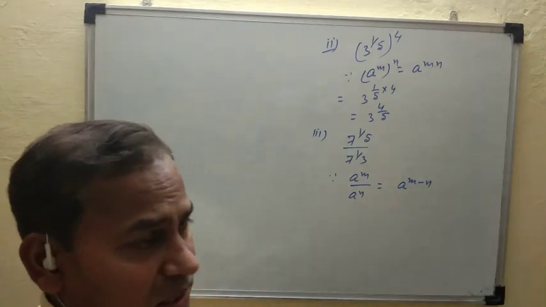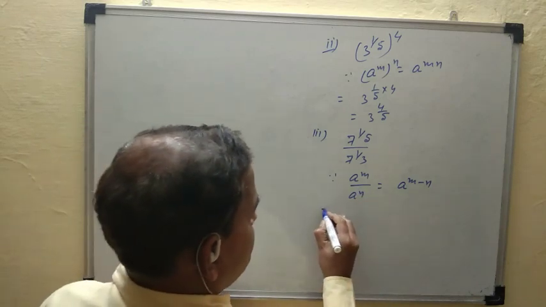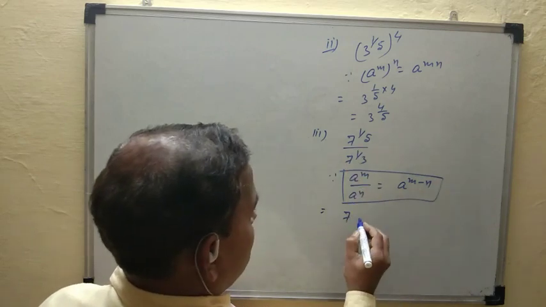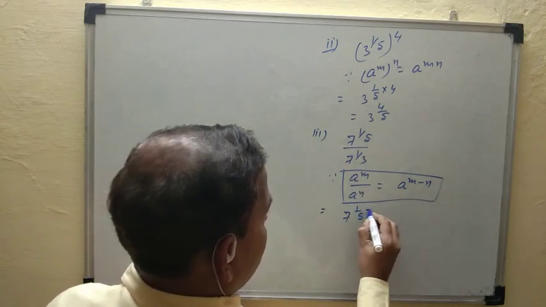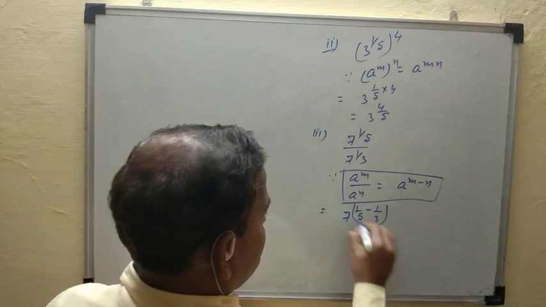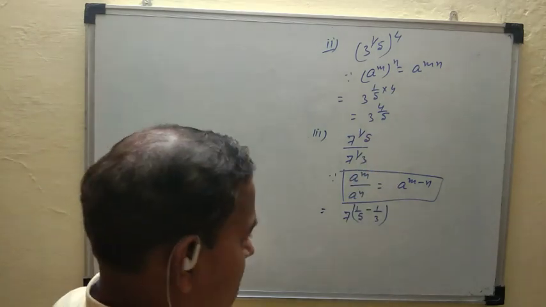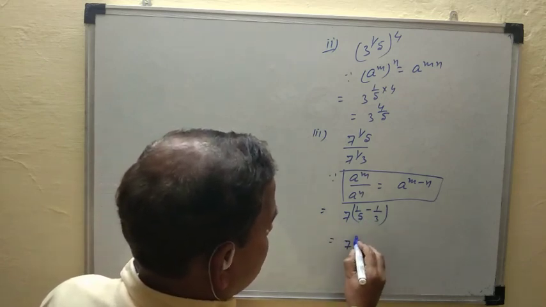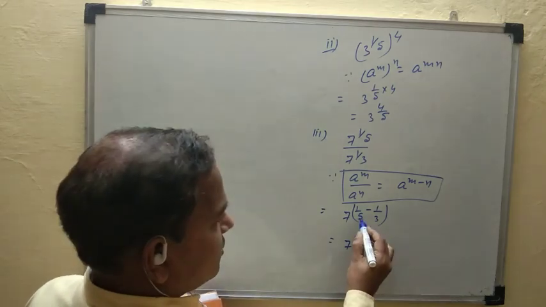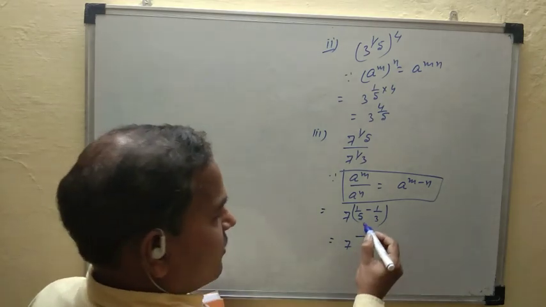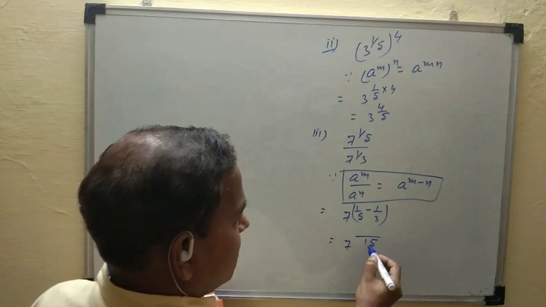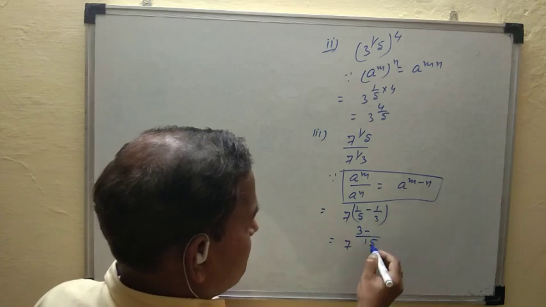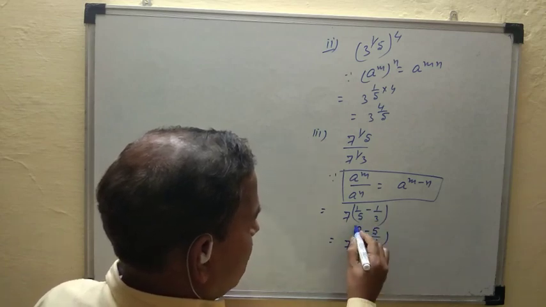In division, the power becomes minus, so here you subtract. So this is equal to 7 to the power 1 by 5 minus 1 by 3. Now simplify. The LCM of 5 and 3 is 15. 15 divided by 5 is 3, multiplied by 1 is 3, then minus, 15 divided by 3 is 5, multiplied by 1 is 5.